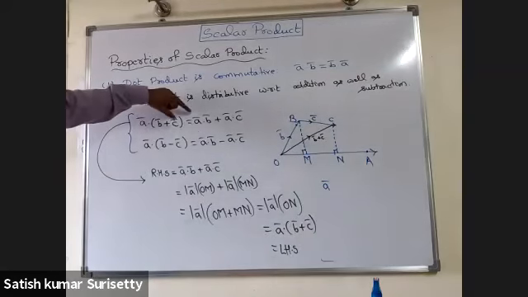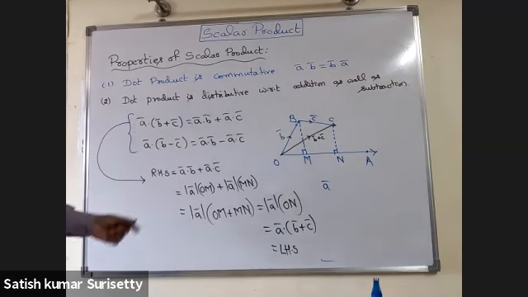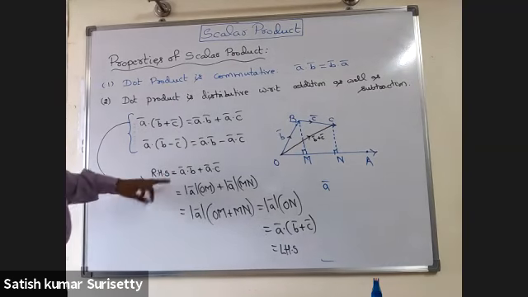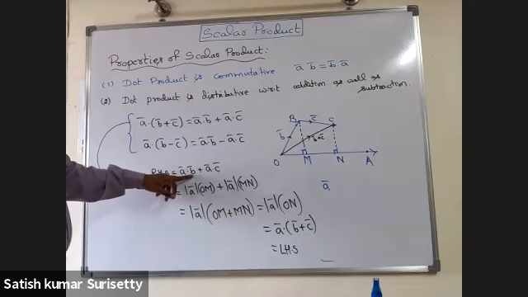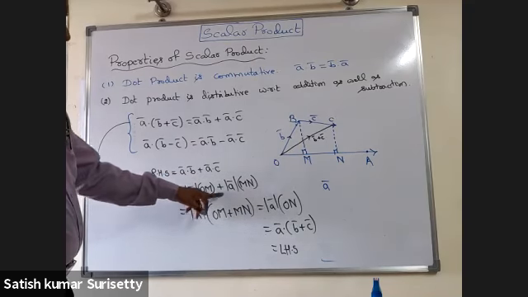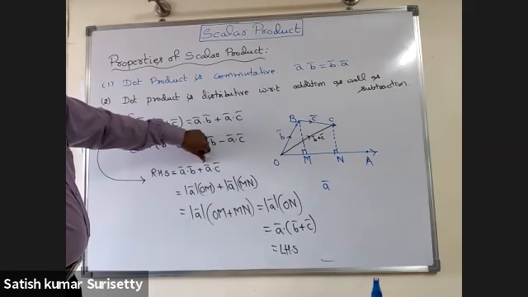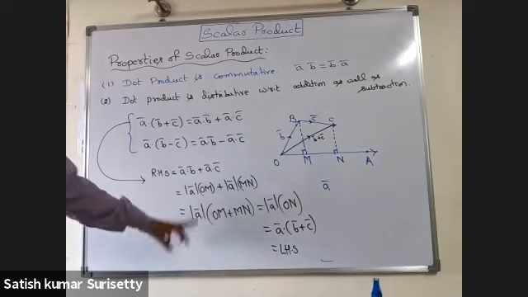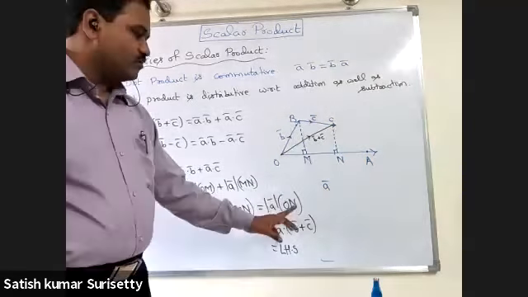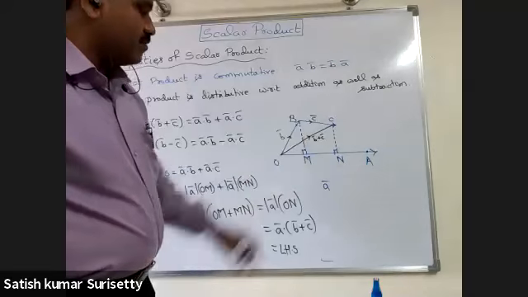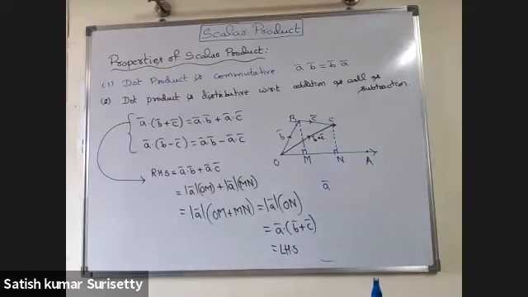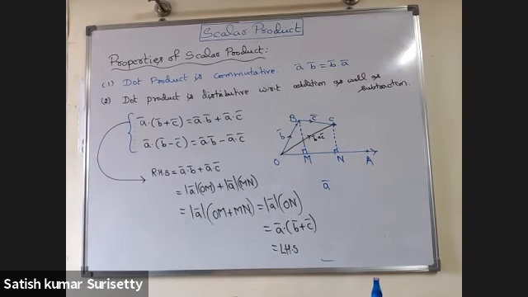So if I consider the right hand side, A bar dot B bar plus A bar dot C bar, using the geometrical interpretation, I can write it as length of one vector into projection of second vector in the direction of the first vector. That is modulus of A bar into OM plus modulus of A bar into projection of second vector C bar in the direction of A bar, which is MN. So modulus of A bar is common. OM plus MN is ON. ON is again the projection of B bar plus C bar. Hence A bar dot (B bar plus C bar). Similarly, you can derive the second one. Just change the direction and change the figure.